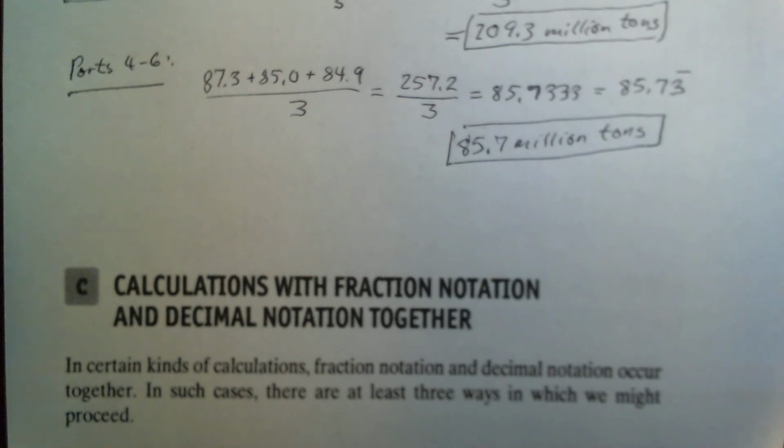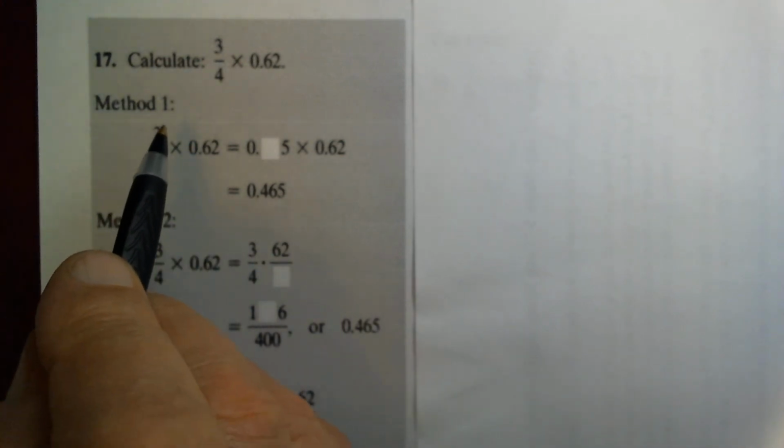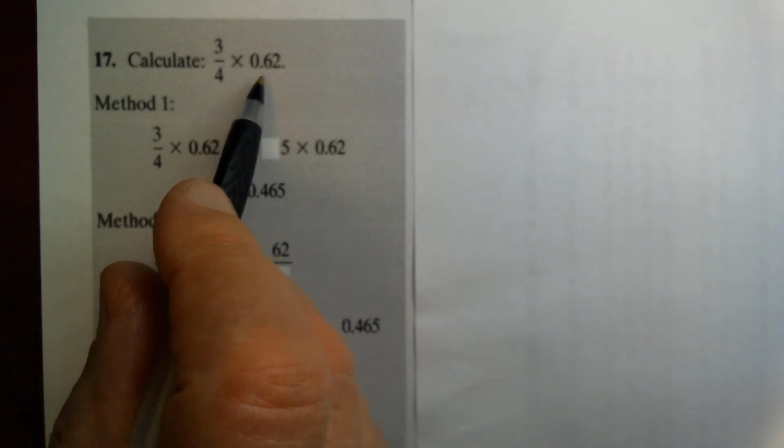Now we're going to look at the combination of fraction notation and decimal notation together. So in certain kinds of calculations, fraction notation and decimal notation occur together. In such cases, there are at least three ways in which we might proceed. So the basic exercise is to multiply 3/4 times 0.62.